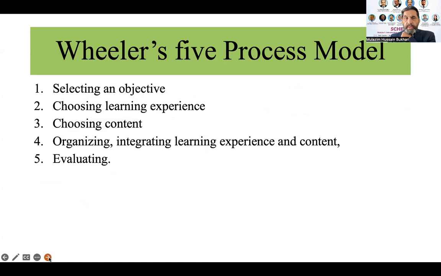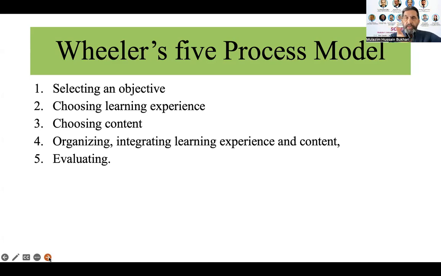And basically, Tyler model was based on the 4 steps: selecting the objective. First, you have to select the objective, what you are going to do. What is the objective of any institution? And according to the objective, you have to choose the learning experiences.